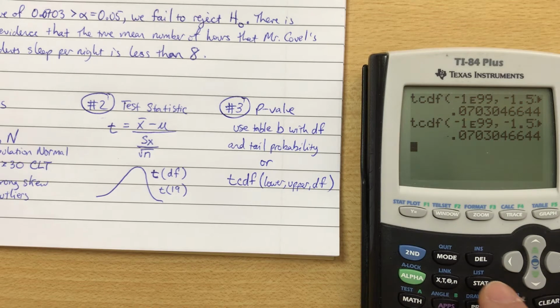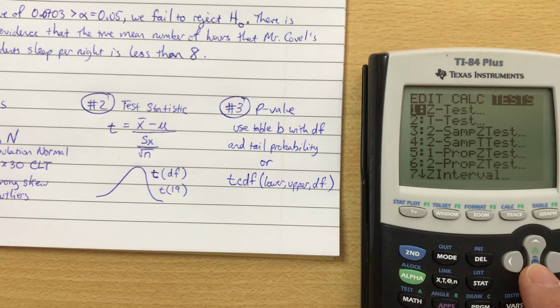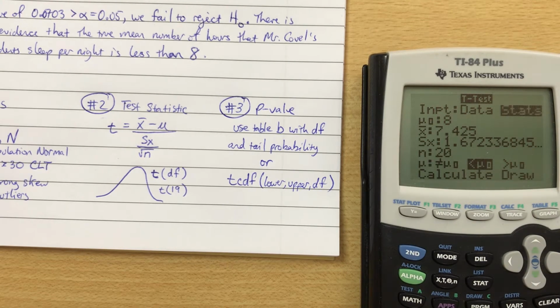Now, one last thing to mention here when we do the t-test like this, you have 3 choices when you're looking at your alternative hypothesis.